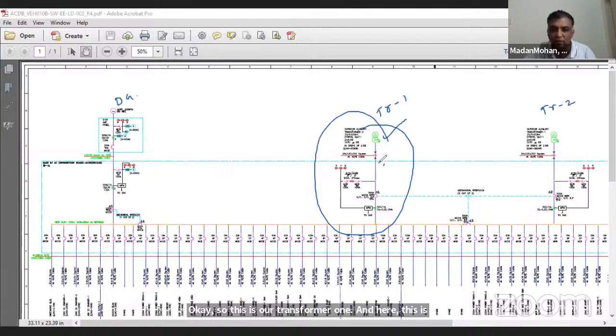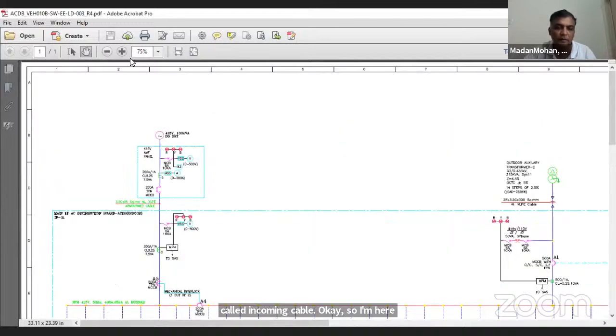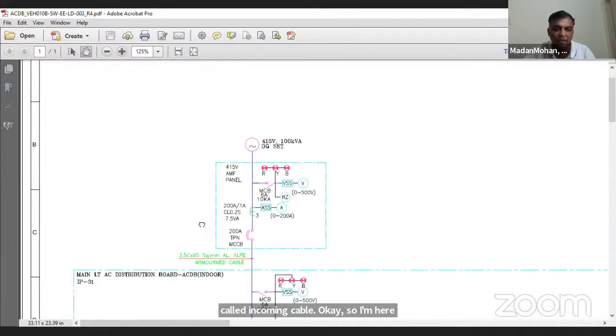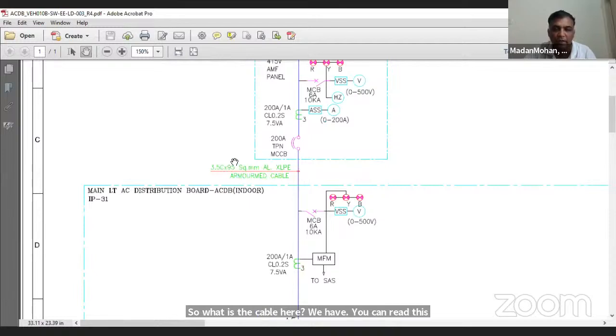Whatever cable you are connecting at these two feeders, these are called incoming cables. What is the cable here? You can read: 3.5 core 95 square aluminum XLPE armored cable. This is an incoming cable.